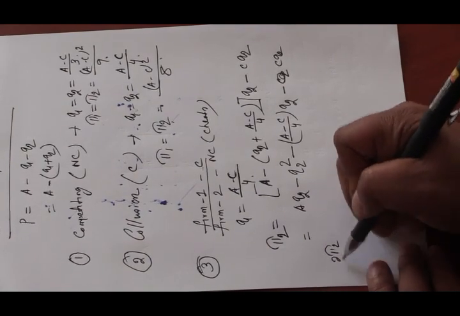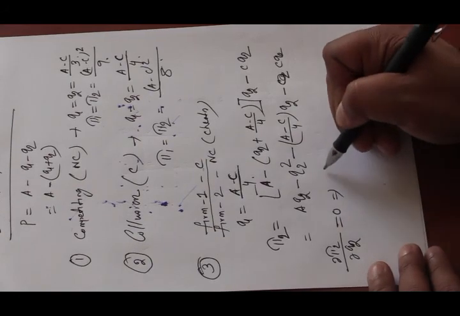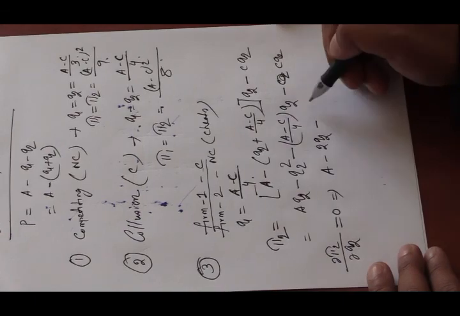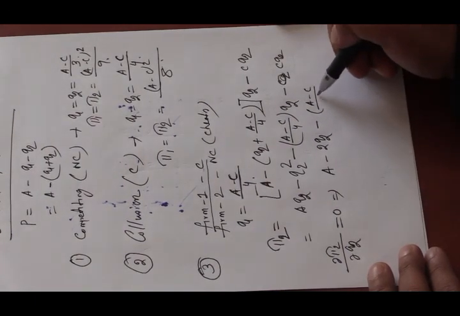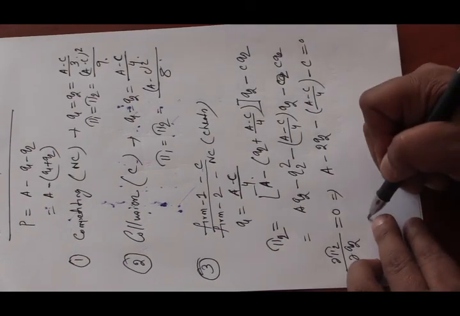By the first order condition, ∂π2/∂Q2 = 0 gives A − 2Q2 − (A − C)/4 − C = 0.